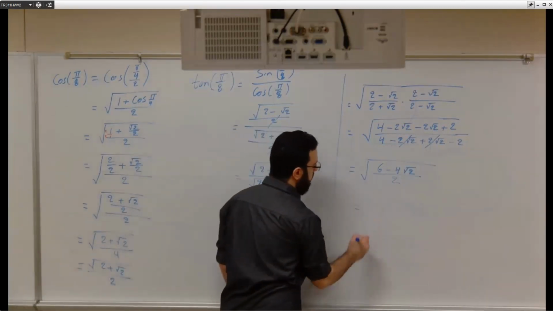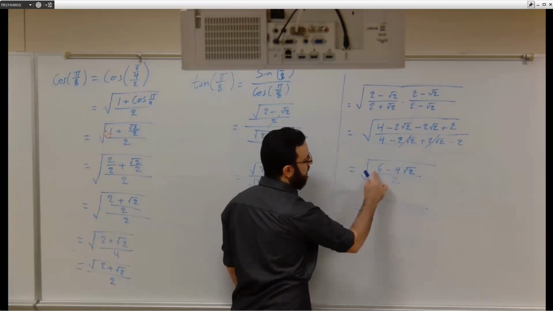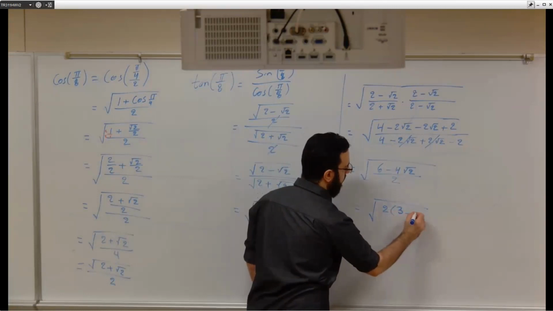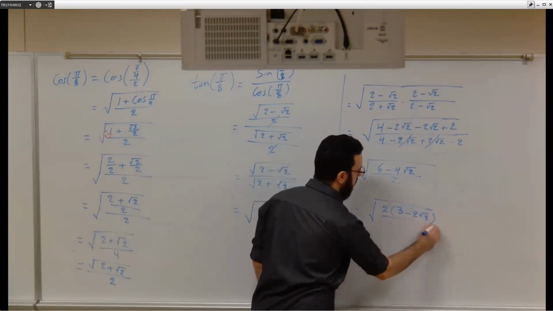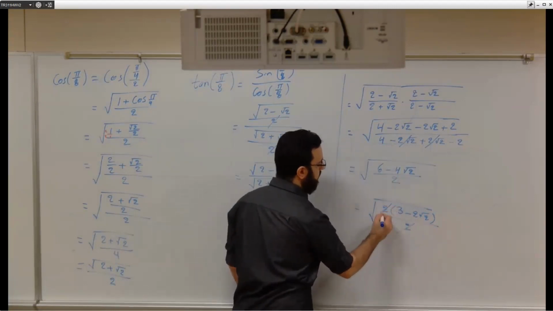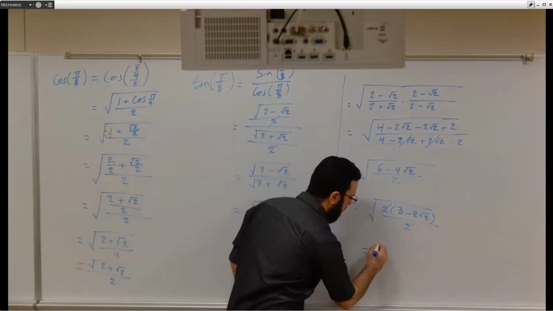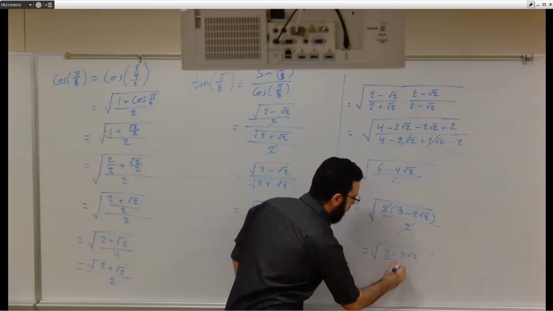Can you simplify it more? Can I take the 2 as a common? It's going to be 3 minus 2 square root of 2 over 2. Can I cancel these? So what's left? Square root of 3 minus 2 square root of 2.